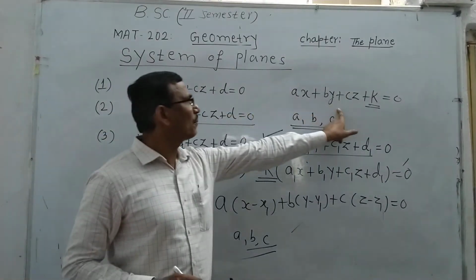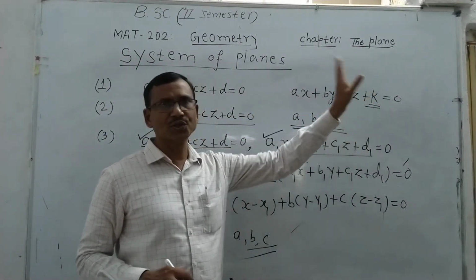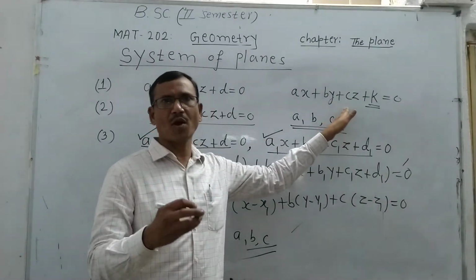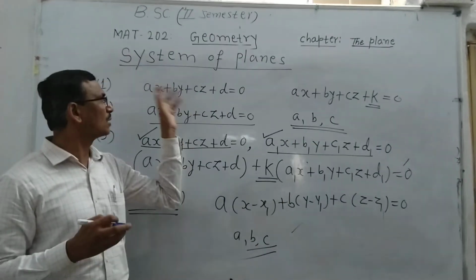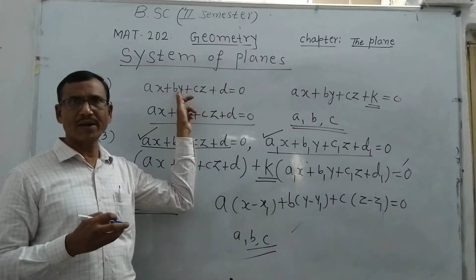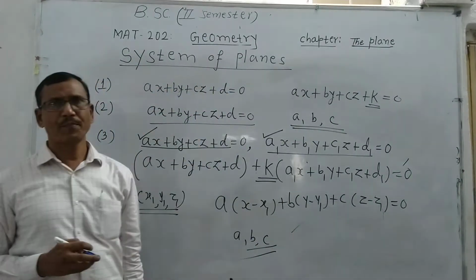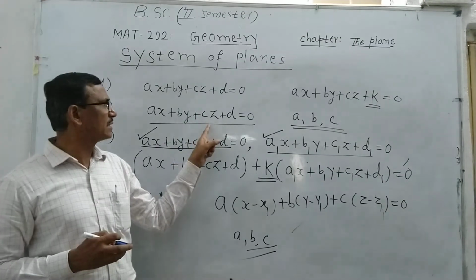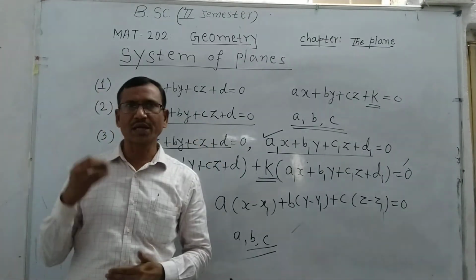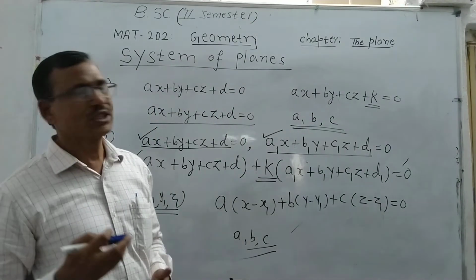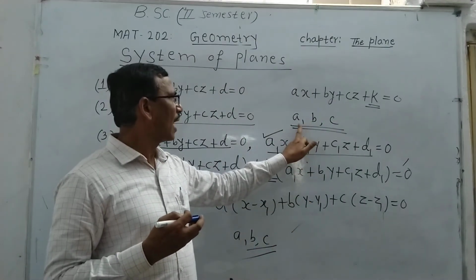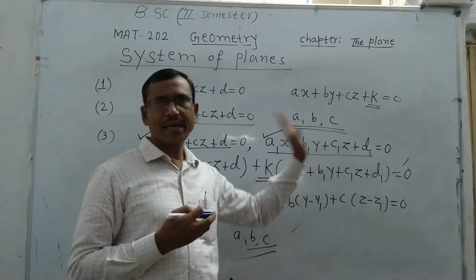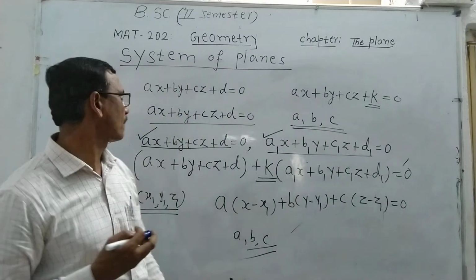ax plus by plus cz plus k equal to 0 is a system of planes, that is, infinite planes parallel to the given plane, where k is a parameter. ax plus by plus cz plus d equal to 0 is the equation of a plane which is perpendicular to the line having direction ratios a, b, c.